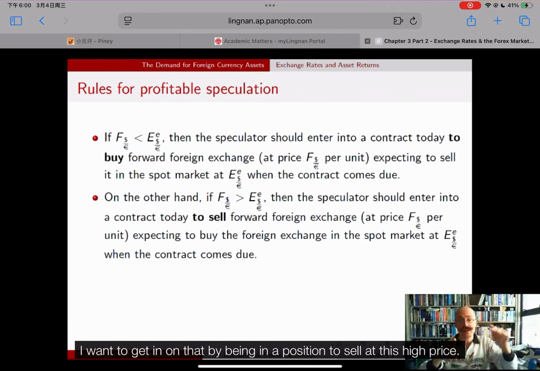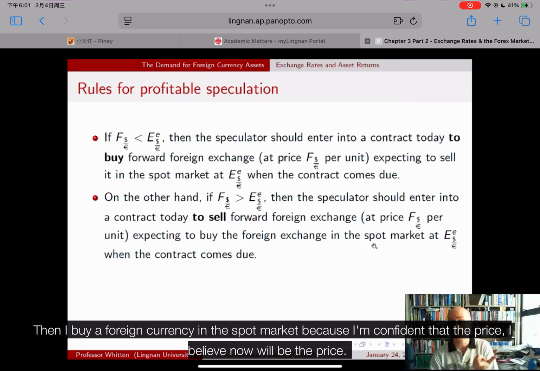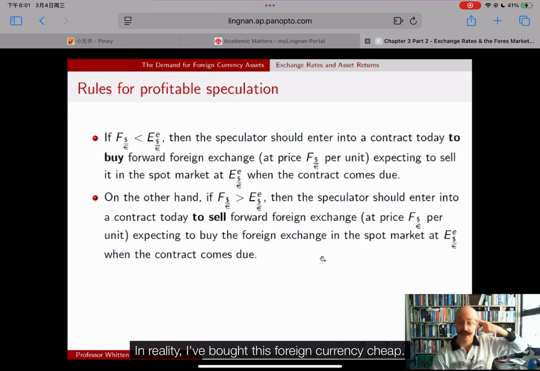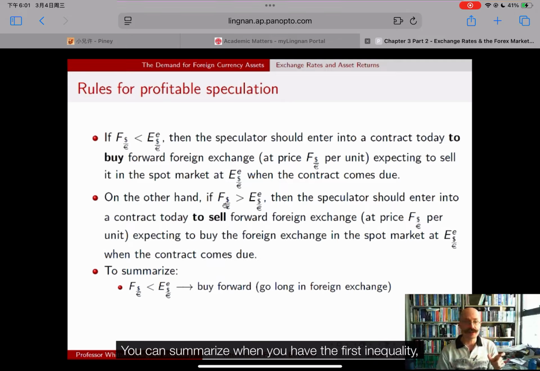I want to get in on that by being in a position to sell at this high price. How will I get the currency to sell it? I wait until the forward contract is due. Then I buy the foreign currency in the spot market because I'm confident that the price I believe now will be the price in reality. I've bought this foreign currency cheap. I sell it dearly. I make profit.